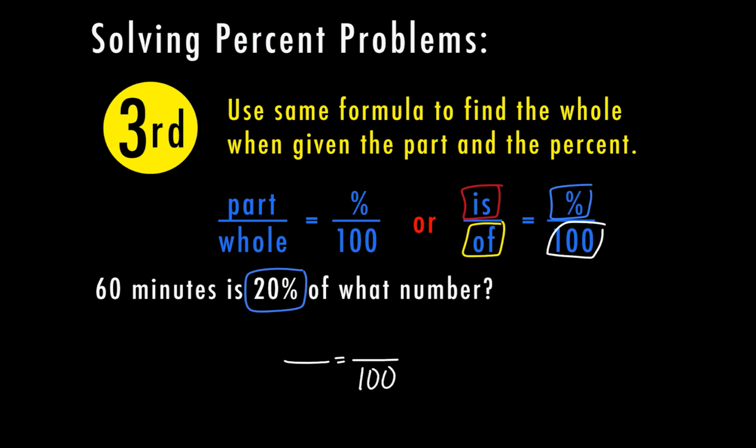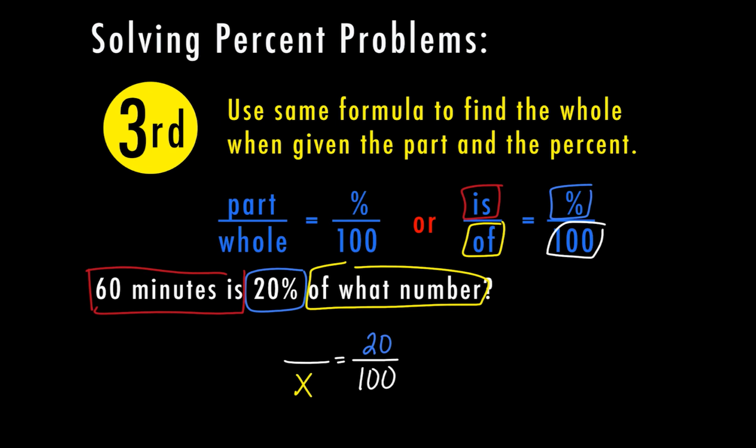If there is a number with a percent sign, that's always going to be your percent. Now this one says of what number, so my of is what I'm looking for. I'm going to write my percent in here. That means my is going to be this 60 minutes. So what they're saying is 60 minutes out of how many total minutes represents 20%.